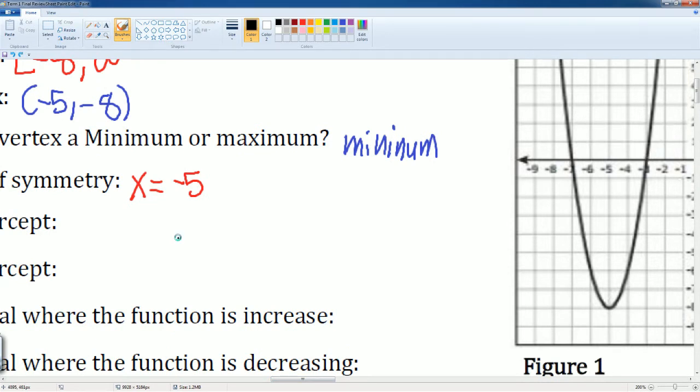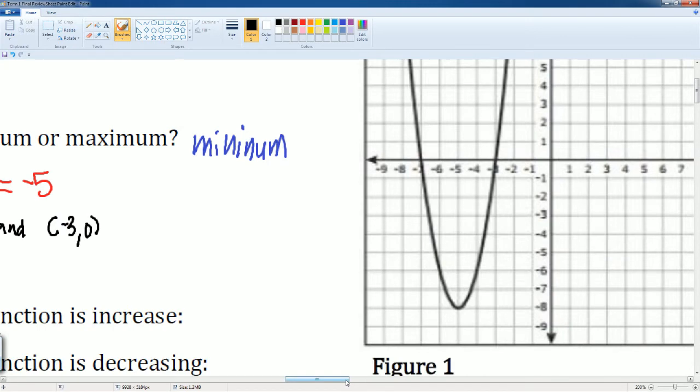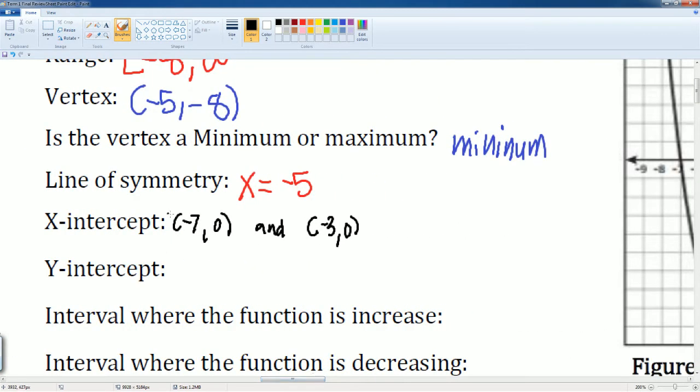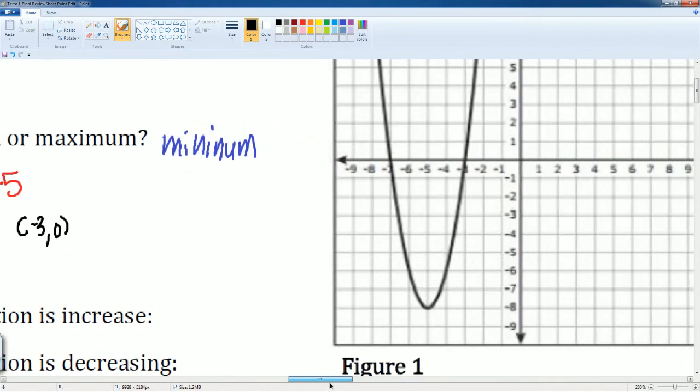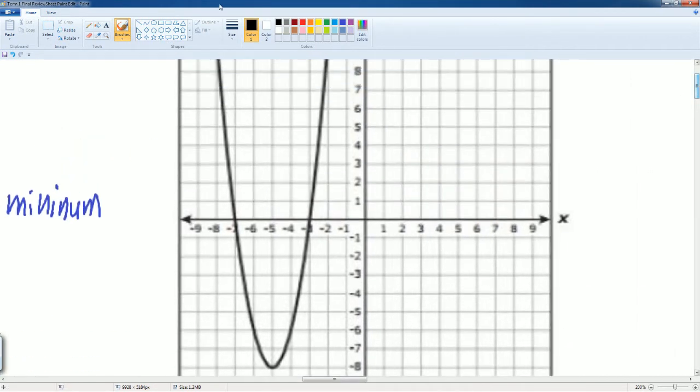So the first one was -7, comma 0, and the second one was -3, comma 0. Let's look. Does it cross the y-axis? No. So we would say undetermined.